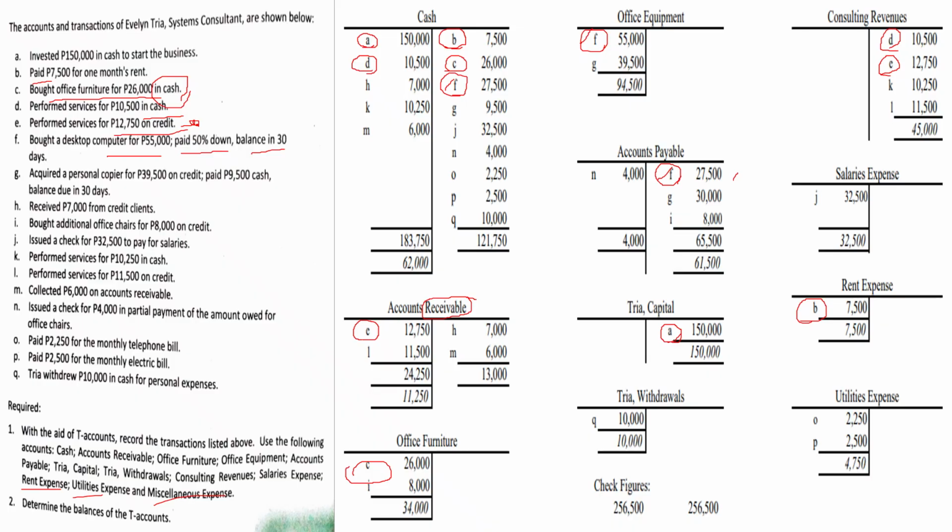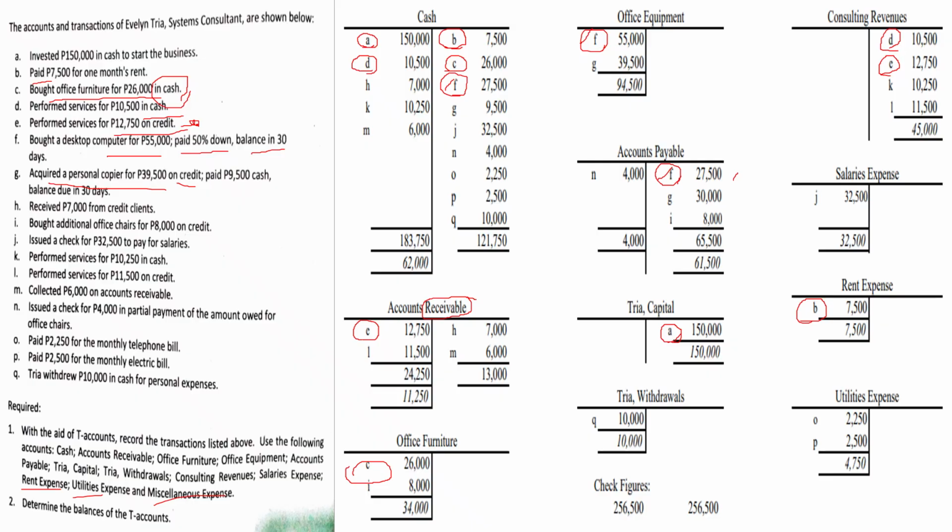Now, let's proceed to letter G. Letter G, we have acquired a copier for 39,500 on credit. Now take note, a copier is still an equipment, right? Like a photocopier. So an equipment, when we acquire or buy it, it will be increased.